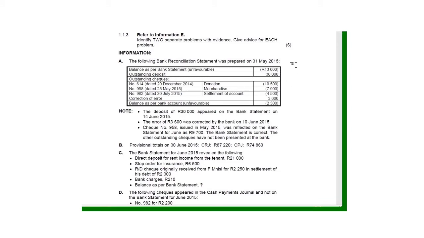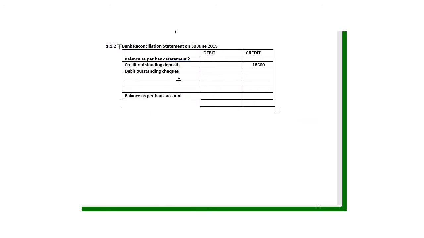Best is as you fix, tick them and then make a circle around the one that's still outstanding. So 962 is still outstanding and it's 4,500. Don't forget about last month's check.